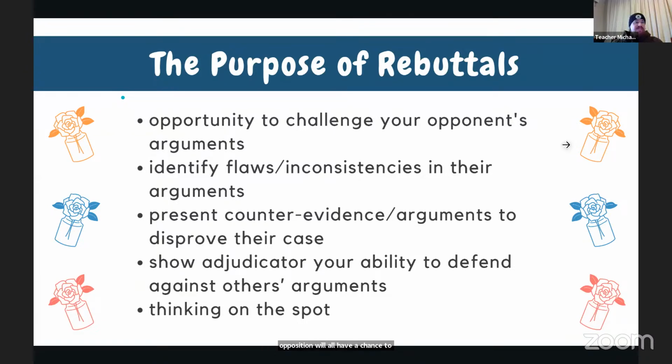And we actually have a workshop on how to do it well coming up in a few weeks' time. But basically, the simple version of it is, as your opponents are making their arguments and talking, you want to be making notes about what they're saying so that you can formulate your rebuttals before you begin your speech. But yeah, the answer is everybody except the first proposition speaker has a chance to offer rebuttals.